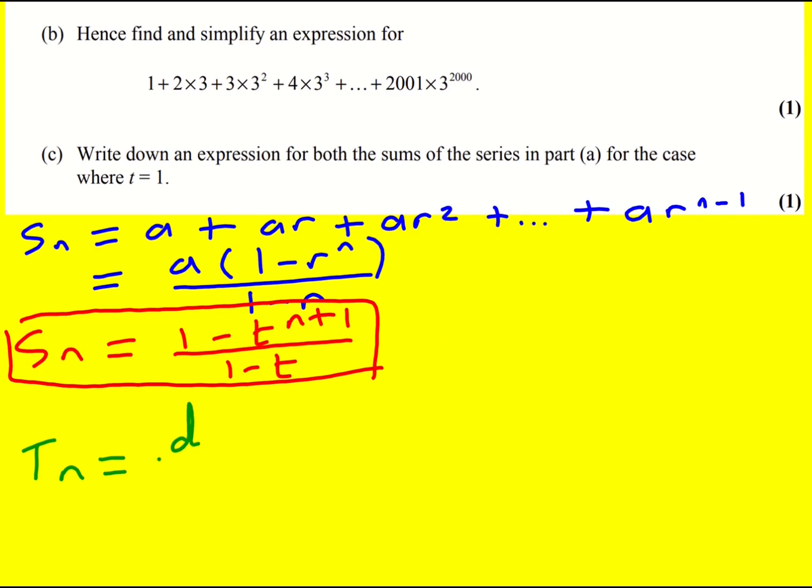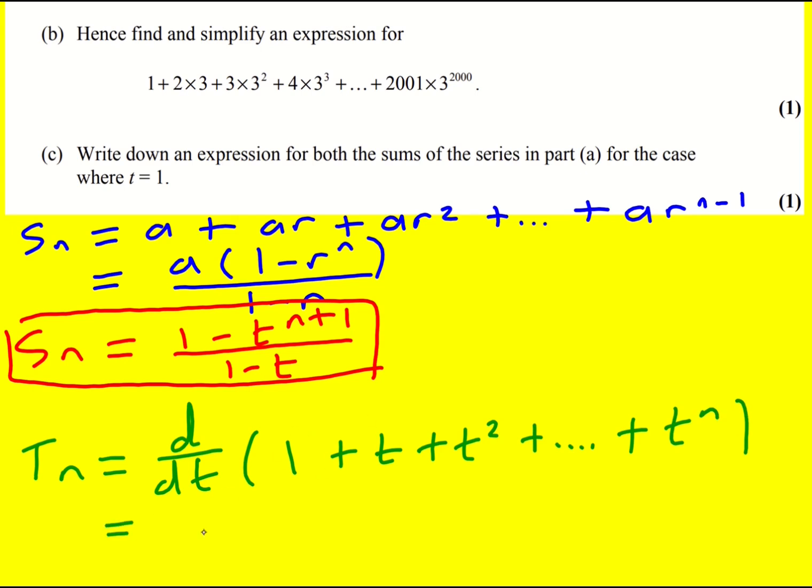And actually, I'm going to go straight for it. I'm just going to differentiate this original sequence. And that's going to disappear. That's going to be 1 plus 2t.